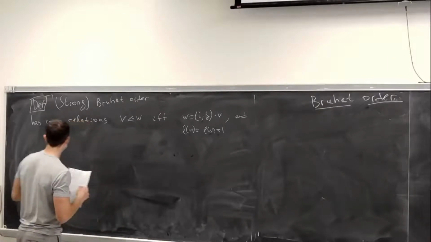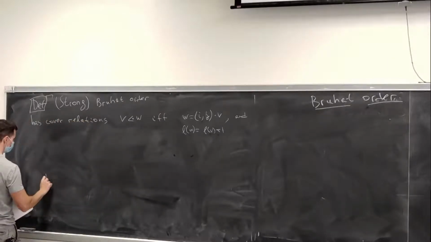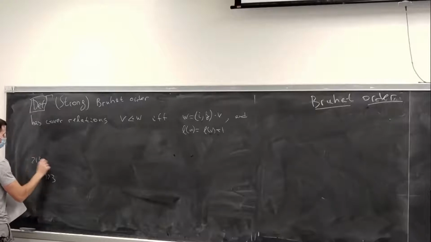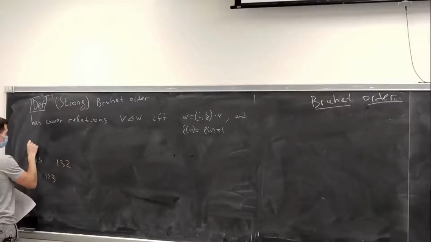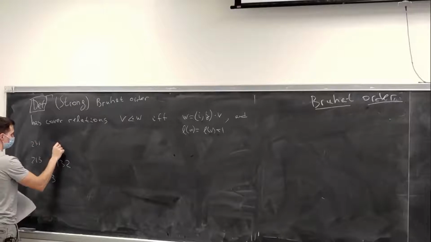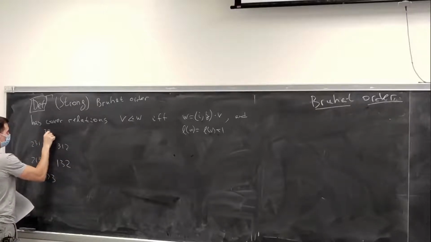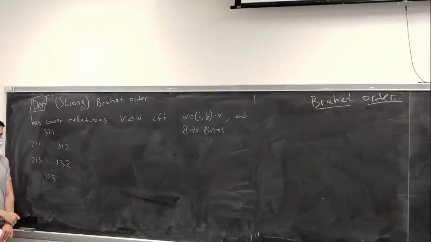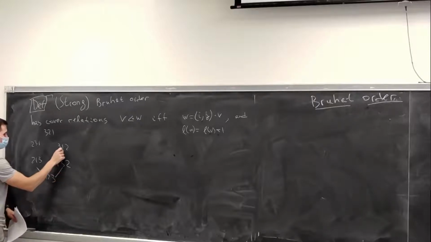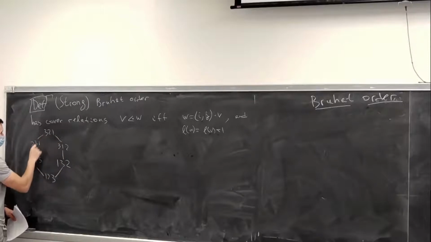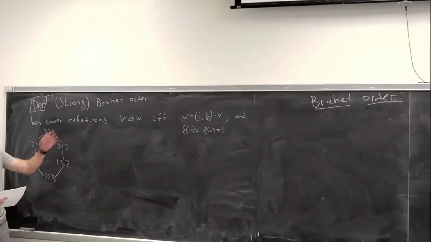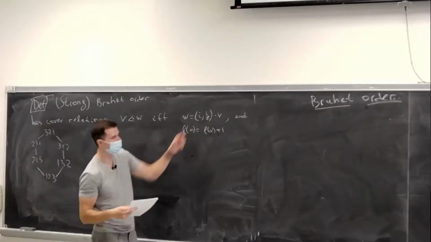So what's the picture here? I still have all the, well, I have to check that they are covering relations still, but definitely these are still relations, because I can take my transposition to be adjacent.